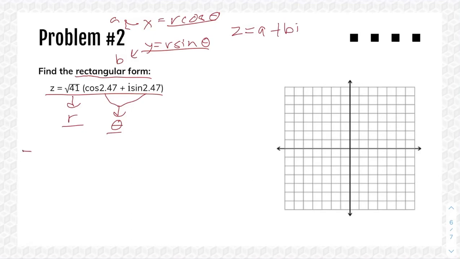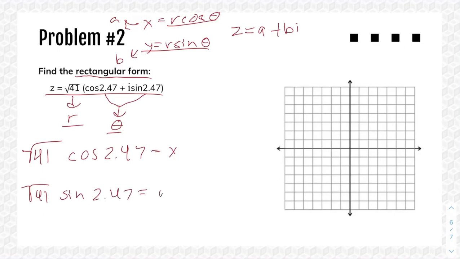So let's quickly plug these in. The square root of 41 times cosine of 2.47 is x, and the square root of 41 times sine of 2.47 is y. If we plug these into the calculator, we're going to get x is equal to negative 5 and y is equal to 4i.